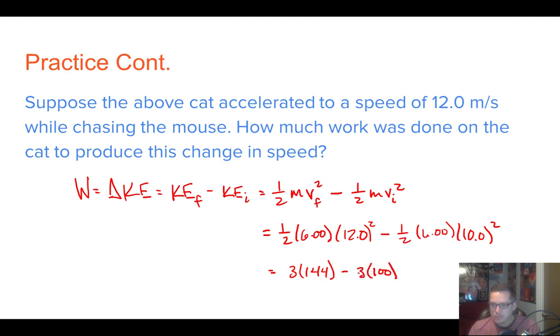We don't need to be fancy with this, we can just plug it in. 3 times 144 minus 300. We get 132. And because this is work, our units are in joules. Check our sig figs. Everything's got 3, so we're ready to roll. And that's it. 132 joules is the work that was done on the cat to produce that change in speed.